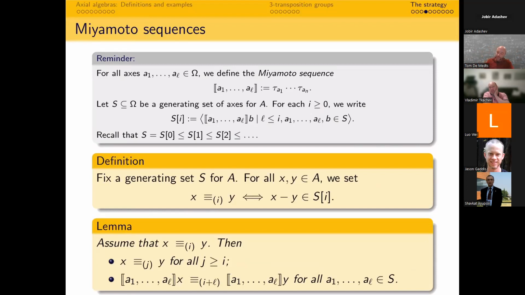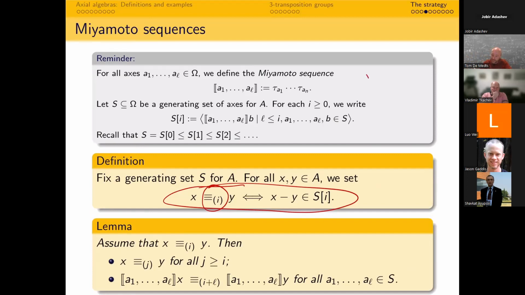So here is the trick to actually get control over what's happening. We define what we call an I equivalence relation, by declaring that elements are equal modulo elements in Si, so modulo elements in this ith level of the filtration.